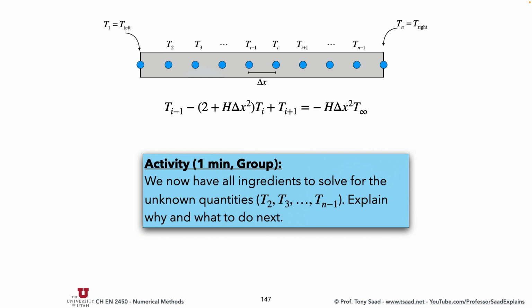Start writing it down. Write it at point 2, write it at point 3, then you're going to see a pattern, and then dot, dot, dot, all the way to the last point, to point n minus 1.